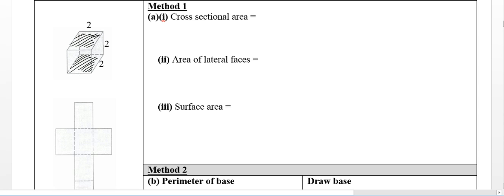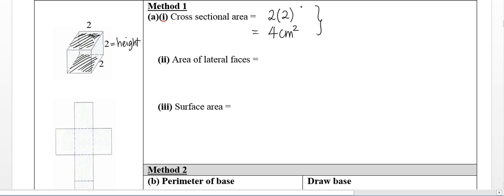Okay, so if this is the cross-sectional area, this will be known as its height. Okay, so what is the area of the cross-sectional area? The cross-sectional area is a 2 cm by 2 cm square, so that's 4 cm square.